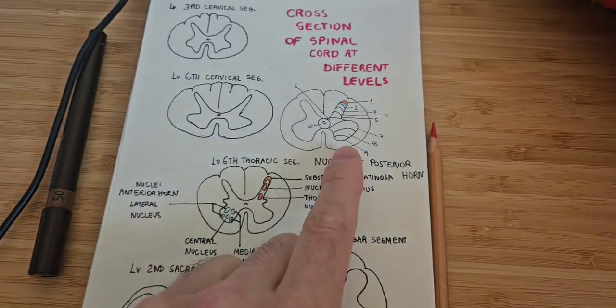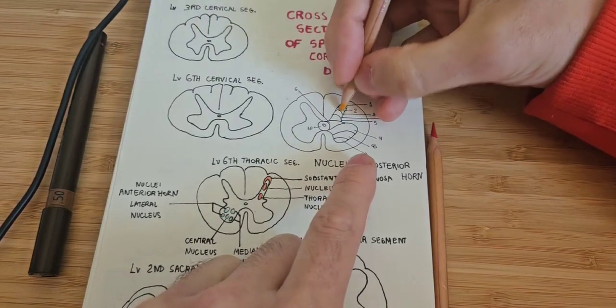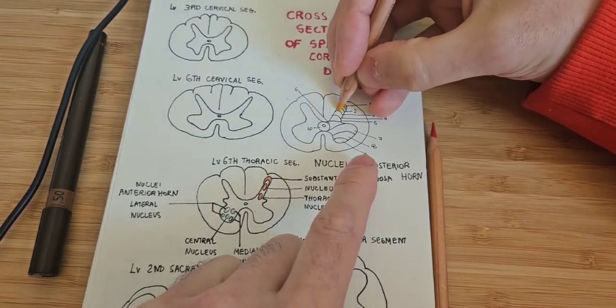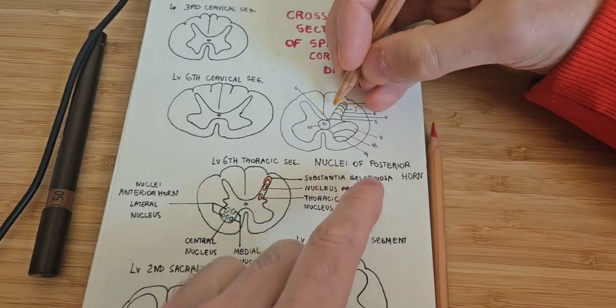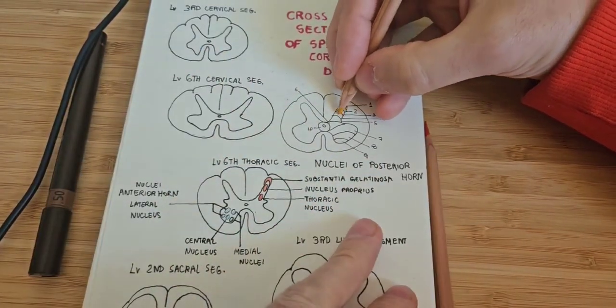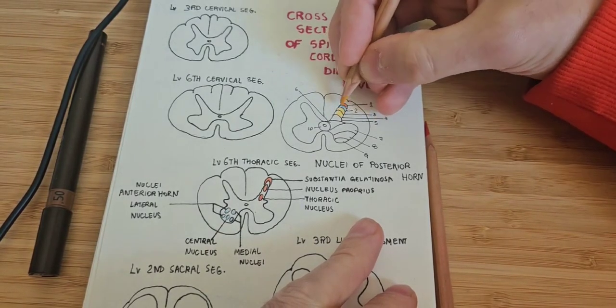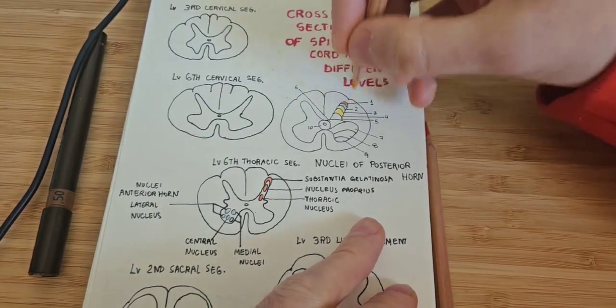Then we have the 3 and 4. The 3 and 4 are involved in processing sensory modalities, including touch, pressure, and proprioception. Also contains interneurons.